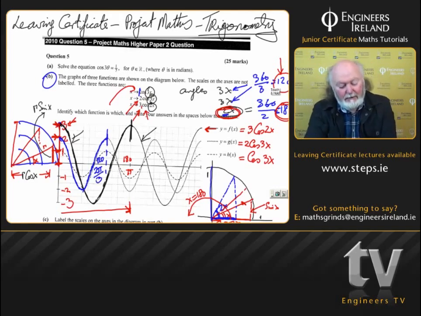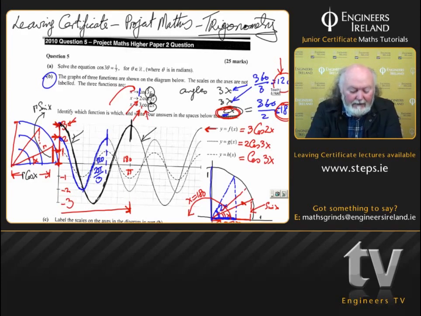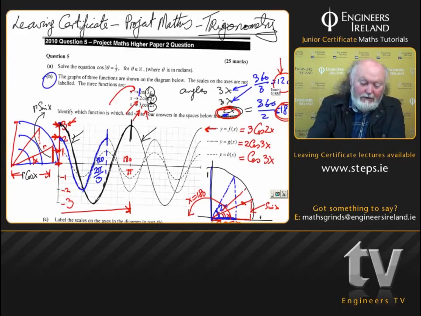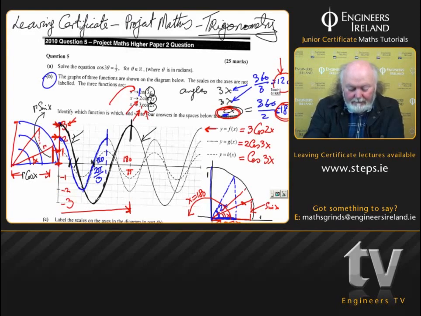Which is 2 pi divided by 3. And it's easy enough then to work out what each of the other major locations are. Here, here, here. It's the same basic process.